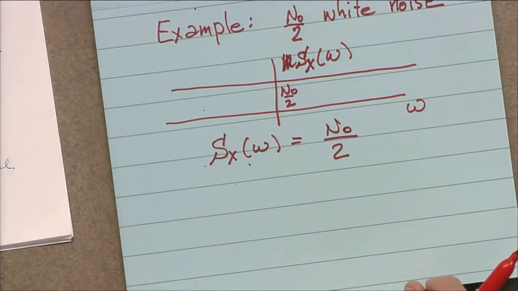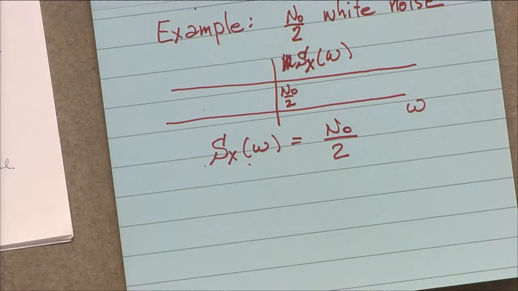If you take an antenna and point it to the sun, you get a lot of noise. So don't point your antenna to the sun. White noise has every frequency.